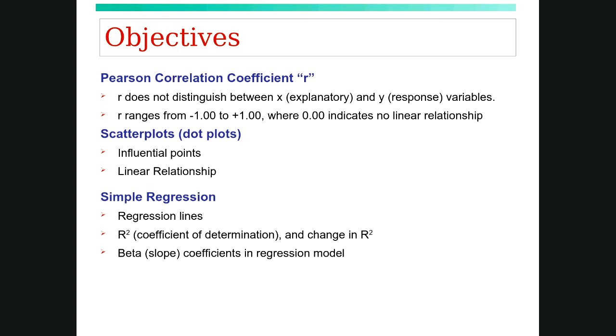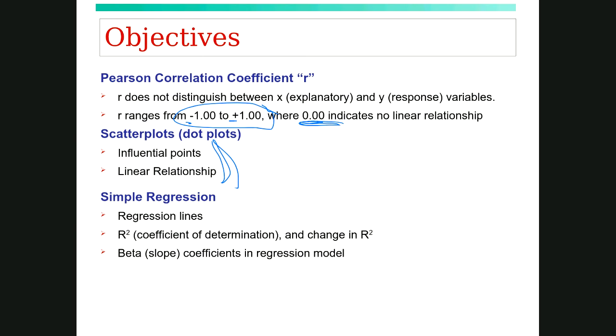And it'll give you a value ranging from -1 to +1, where a 0 means there's no relationship, and a 1 indicates that it's a perfect relationship, either positive or negative; I'll talk about that in a minute. The scatter plots show us if there's a linear relationship and whether there are some influential points or outliers.